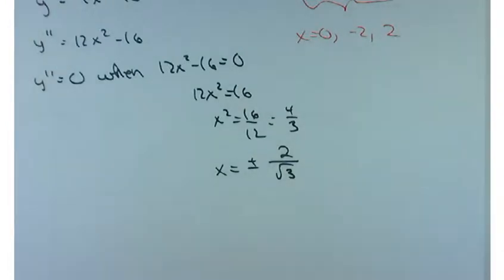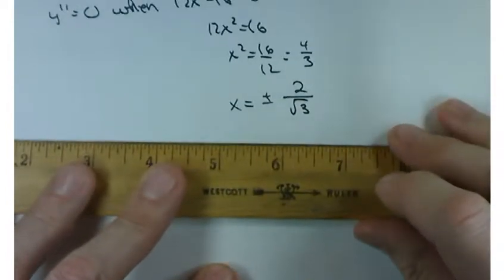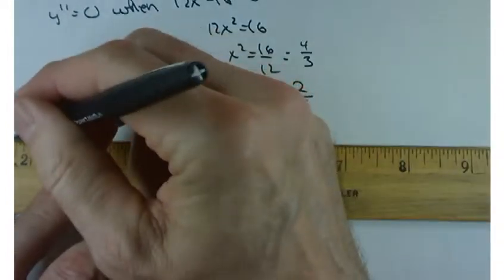In any case, let's start using some of these points that we're finding from our function and then matching things up to our curves. We're going to make a couple little tables here.